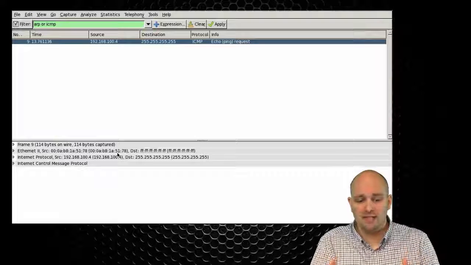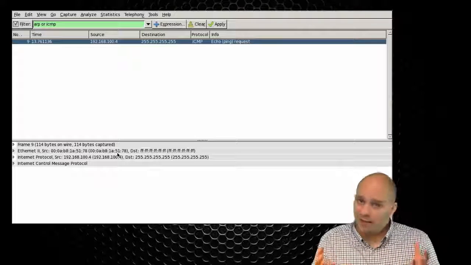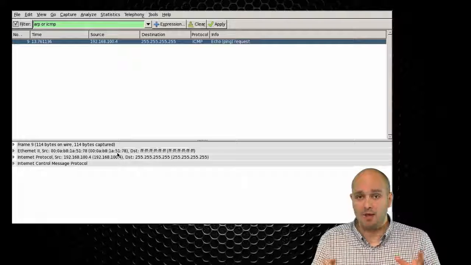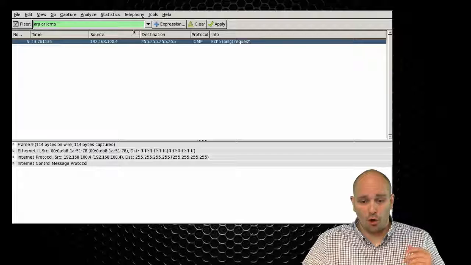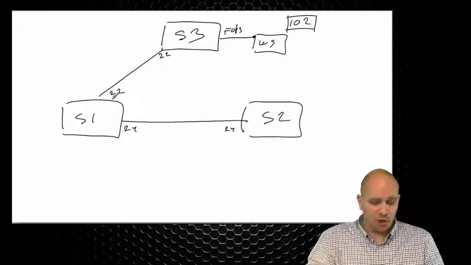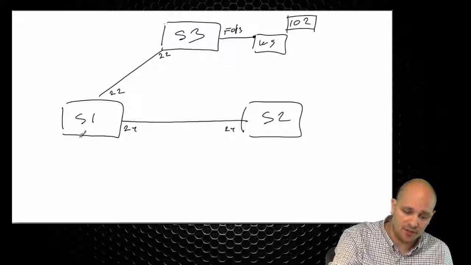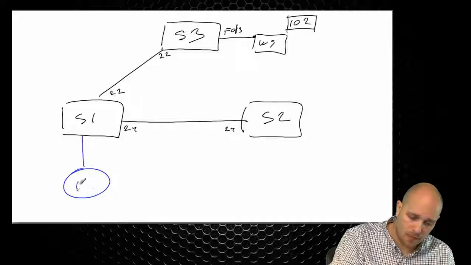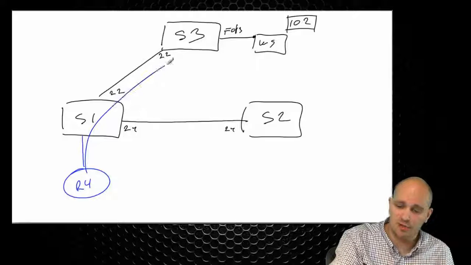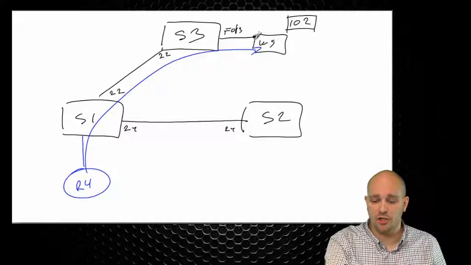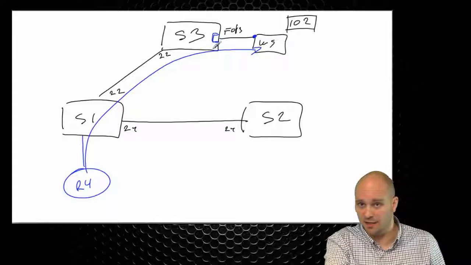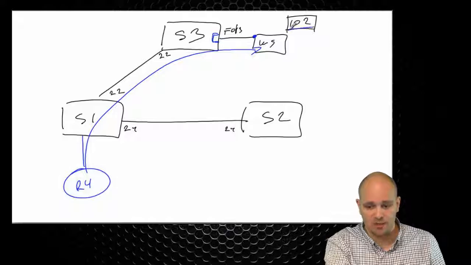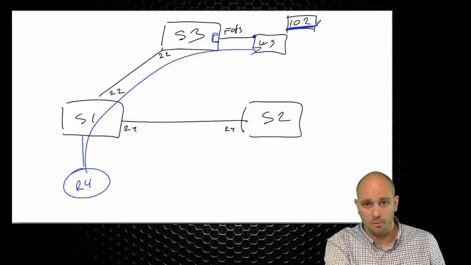Now, was this a desirable result? It might or might not have been desirable. But one thing is certain, our Cat1, or I should say the host here in a community VLAN, R4, was able to send traffic to our Wireshark listening station here, and this port was not configured as anything special. It was just an access port in VLAN 102.